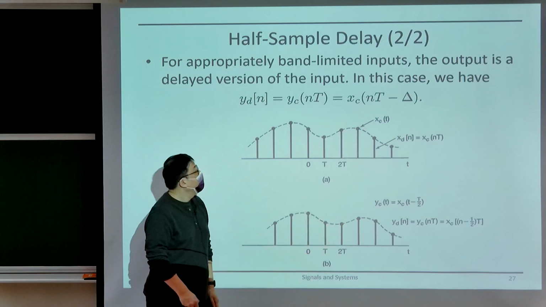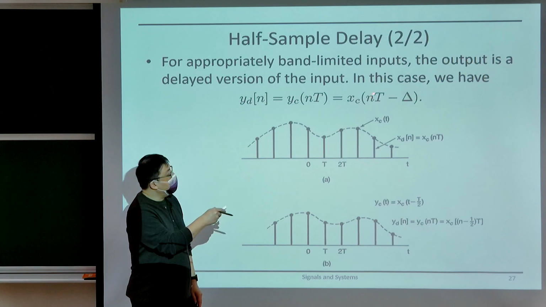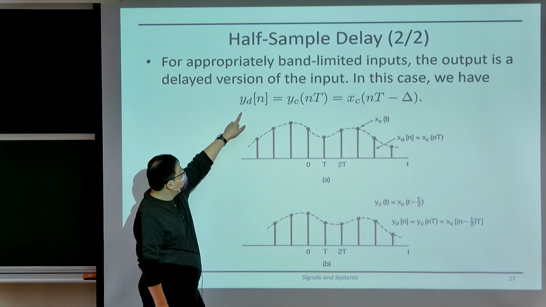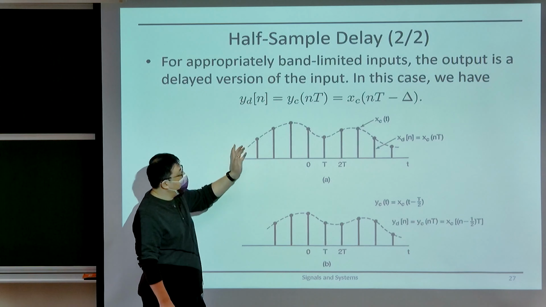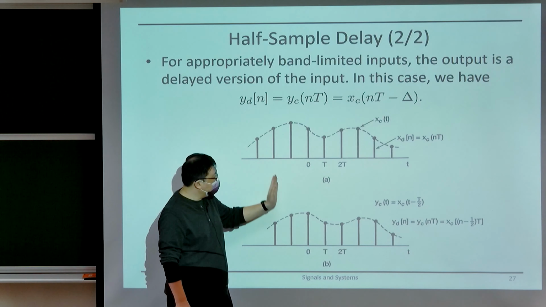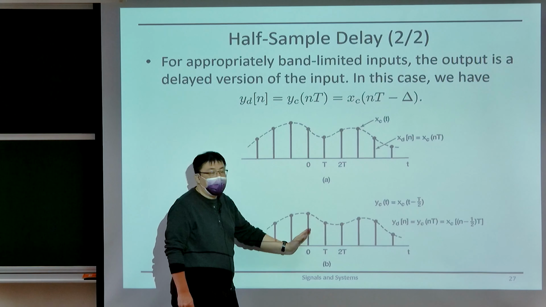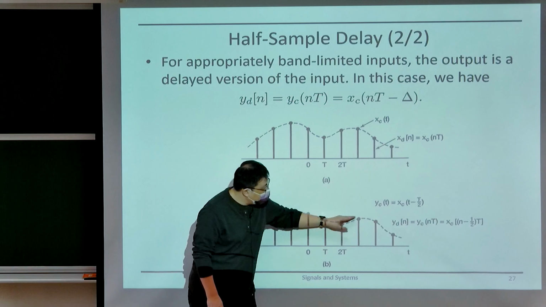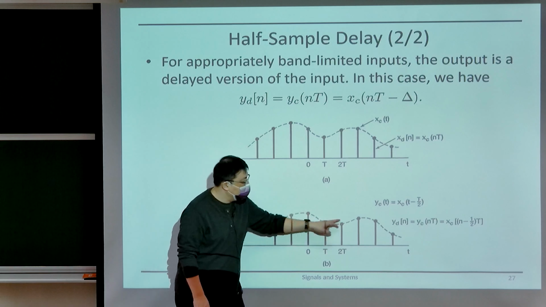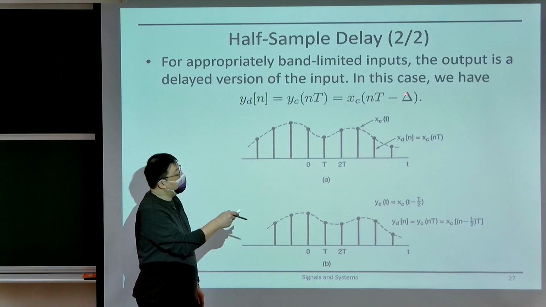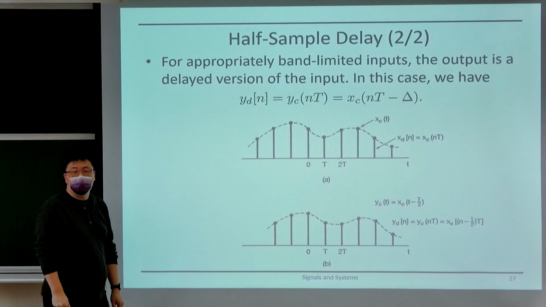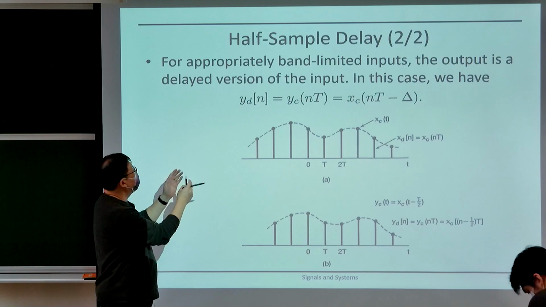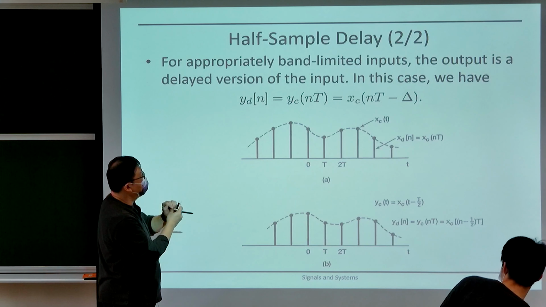But if delta is not an integer multiple of capital T, then y[n] will not be simply a time-shifted version of x[n], but instead it will be a resampling of a time-shifted version of the continuous time signal by capital delta. So this is just something to take note of.